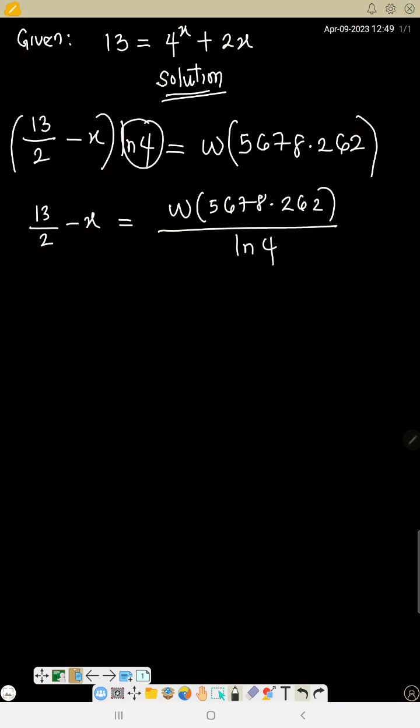Take this ln 4 under. 13 over 2 is 6.5. So 6.5 minus s is equal to, now what is W? Just like you press log in your calculator, like log 2, log 3, you can press W of 5678 also, because it's a function.